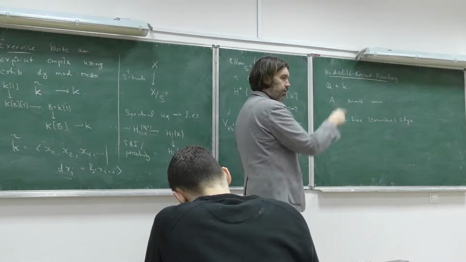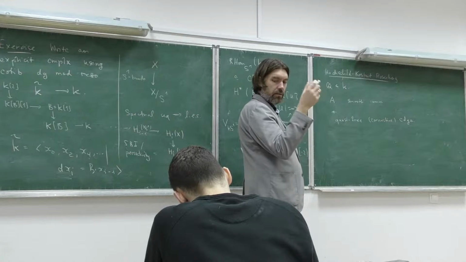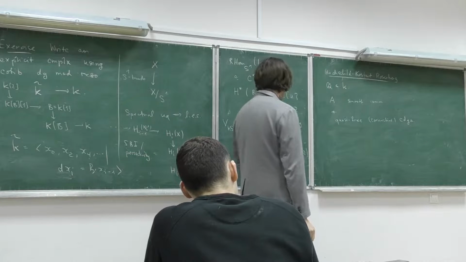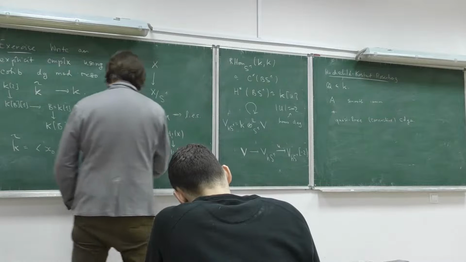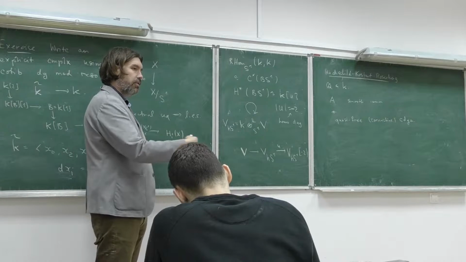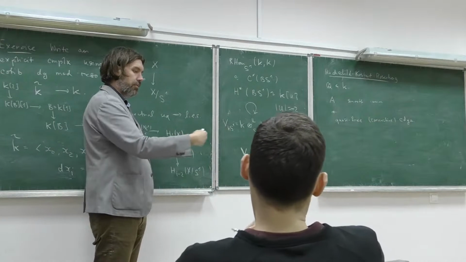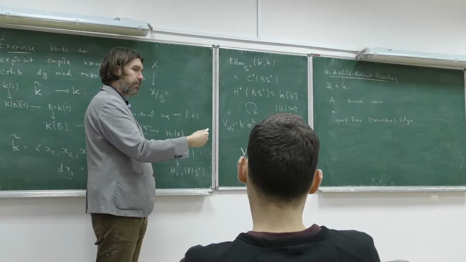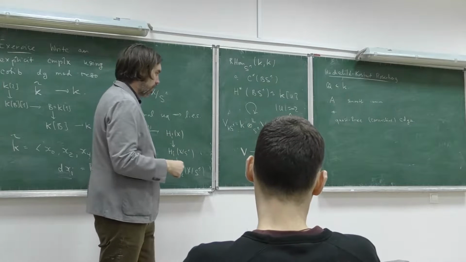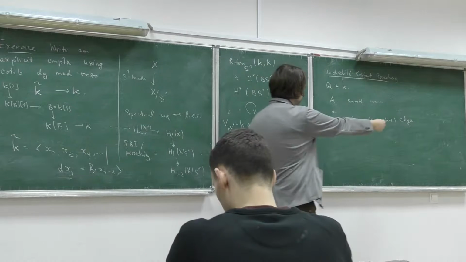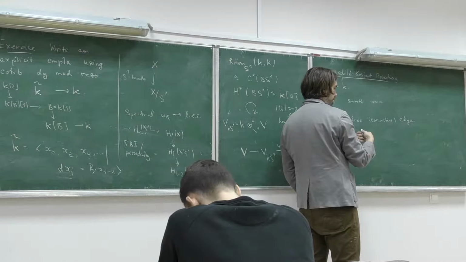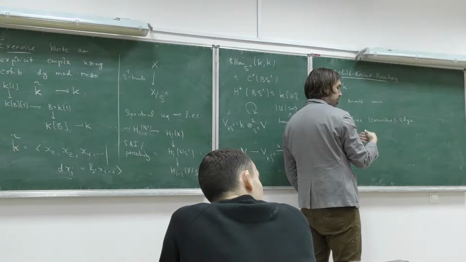So commutative differential graded algebra, commutative in the Koszul sign rule sense. And quasi-free means if you forget the differential, it looks like a kind of supercommutative polynomial algebra. And connective means homologically non-negative.